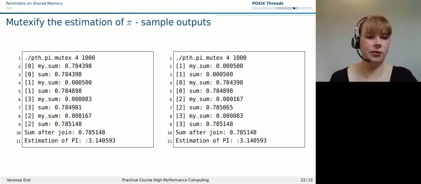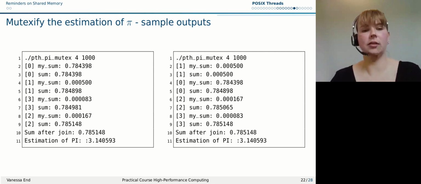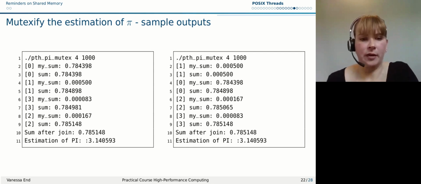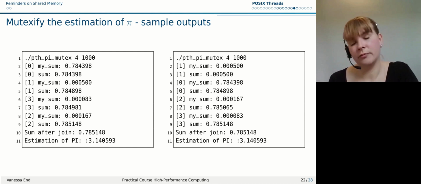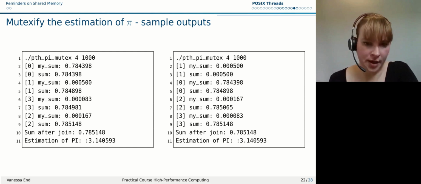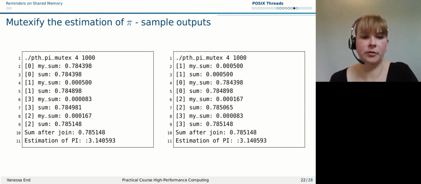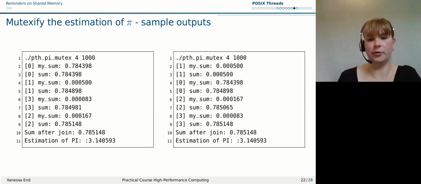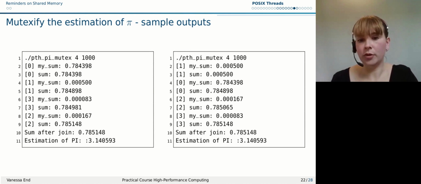So you will see if you mutexify it, as I did on the 2 slides before, namely you having your own sum within the critical section and also having the other sum within, you will have the statements of rank 0 together as you do with the statements of rank 1, rank 3, and rank 2, but it's not ordered. So it's not that you have rank 0, rank 1, 2, and 3, one after another. If you do want to do that, there's other means you have to take.